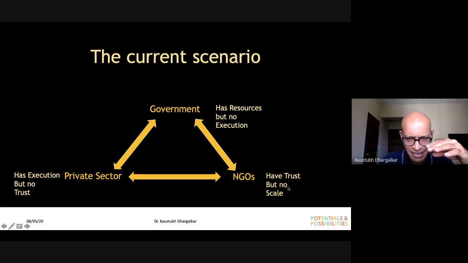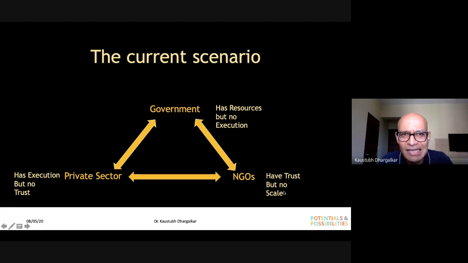Now, these are 3 vertices of a triangle, which, if one can create some mechanisms, platforms, ventures, which can complement all these 3, in the sense that, can you create something which can give the government the power of last mile execution, which can give the private sector an iota of trust, and which can give NGOs the ability to scale?